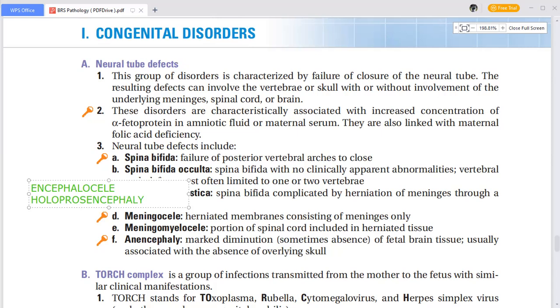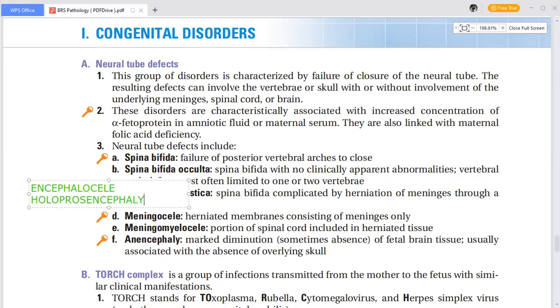Holoprosencephaly is also a forebrain anomaly. It's characterized by an incomplete separation of the cerebral hemispheres. Now imagine those hemispheres are not separated, or maybe there's a deformity somewhere; they're not completely separated, but they're supposed to be.